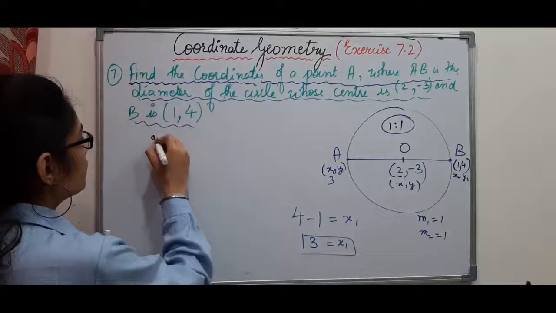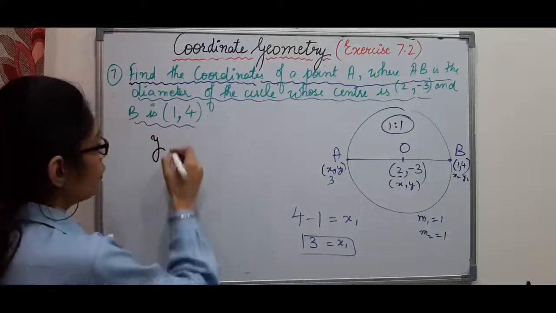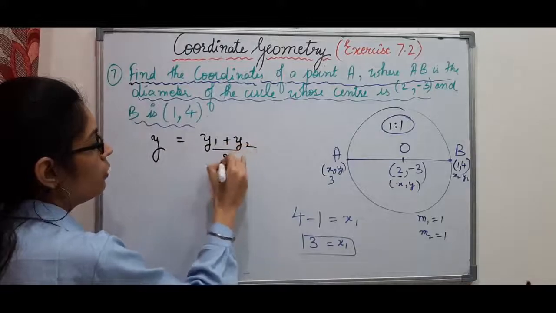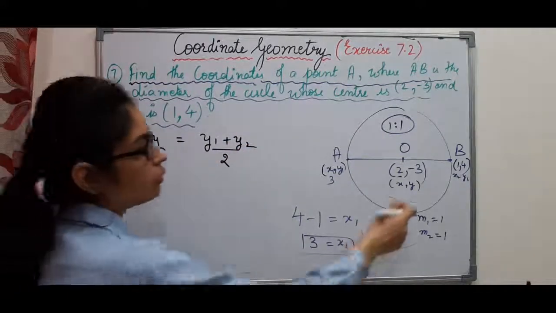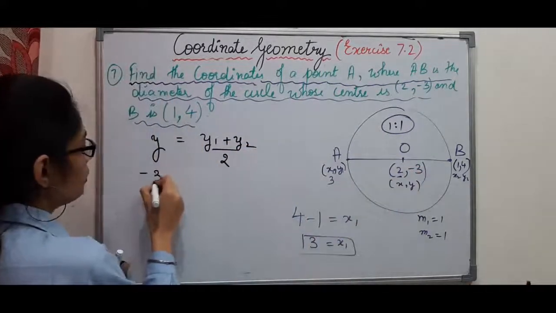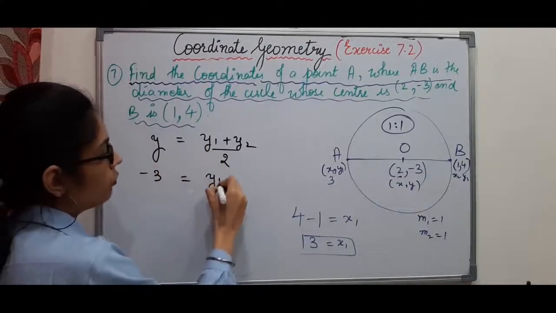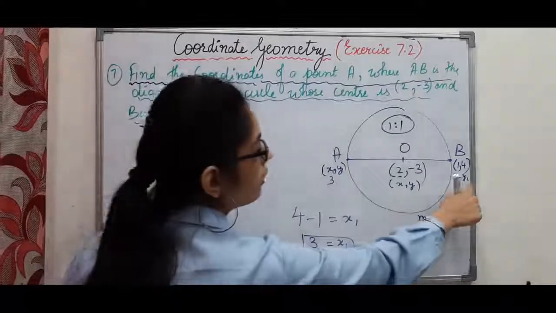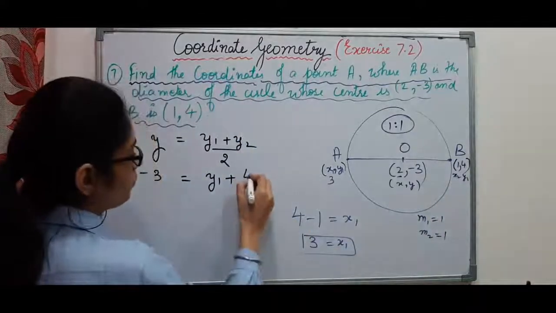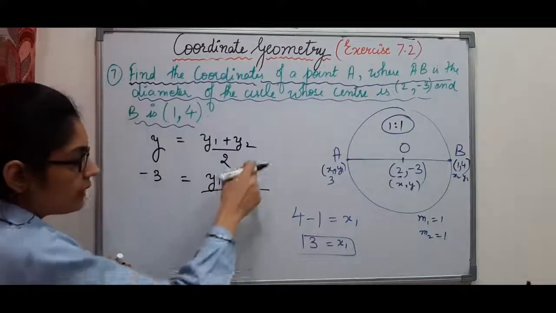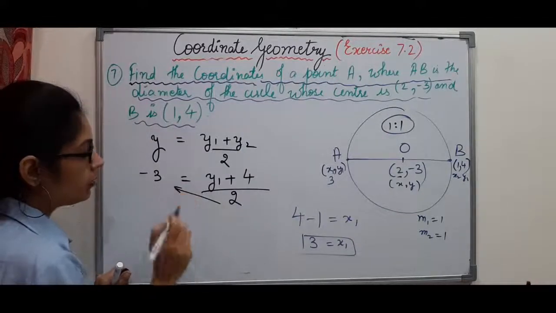So y1, since point O is the midpoint, for y also your formula will be y1 plus y2 upon 2. Y is already given to us, minus 3. So we will substitute the value of y, which is minus 3. y1 we have to find, and y2 is given to us, it is 4, upon 2.